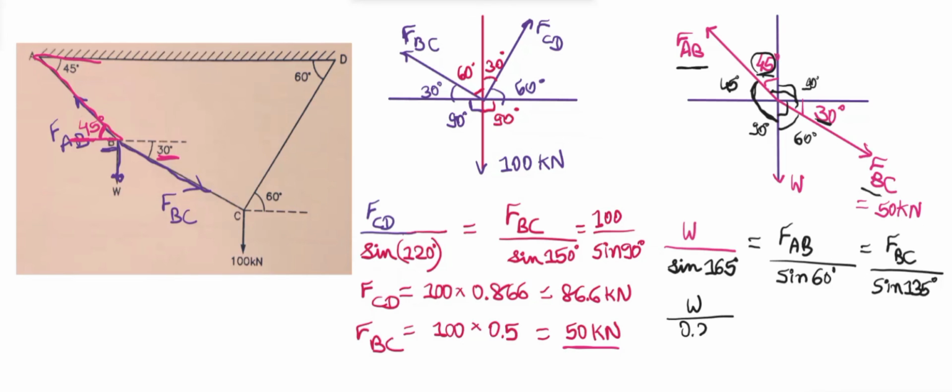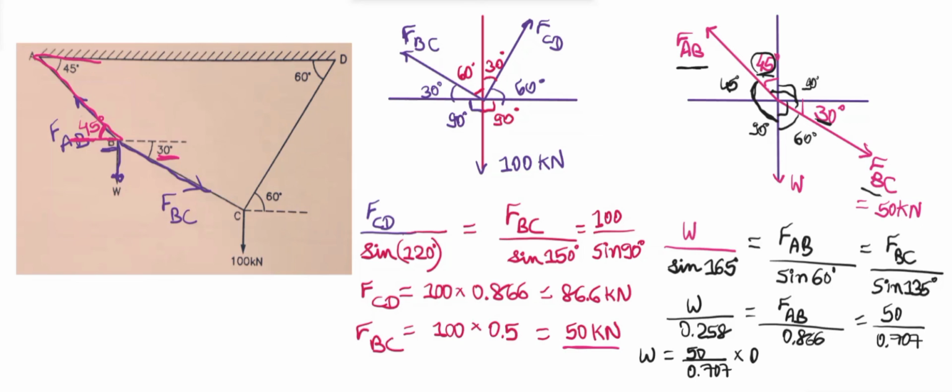Therefore this will be W upon 0.258 equal to FAB upon 0.866 is equal to 50 upon 0.707. Therefore we get W upon 0.258 is equal to 50 upon 0.707, which will be equal to 18.25 kilonewton.